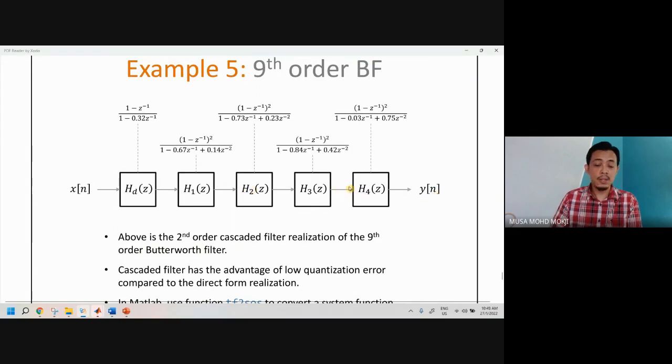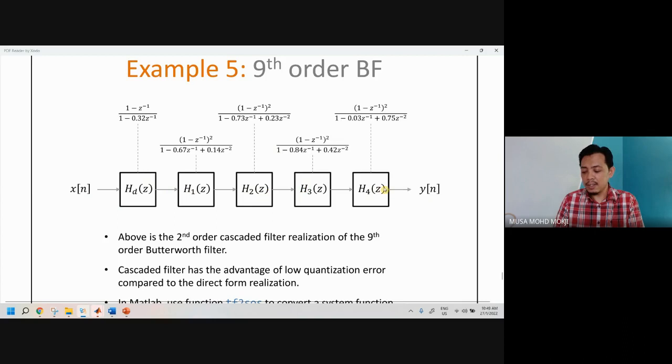What is the property? Multiplication in the frequency domain is convolution in the time domain. So your Xn is convolved with HD, and the output is convolved with H1, then with H2, then with H3, and the last one, the output is convolved with H4, and then you get your output.